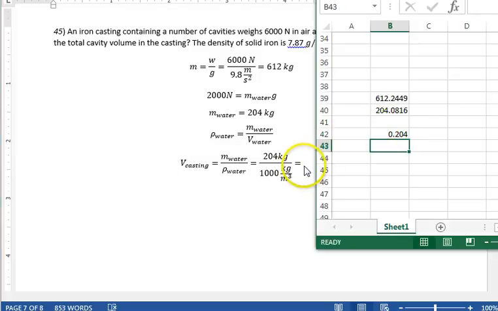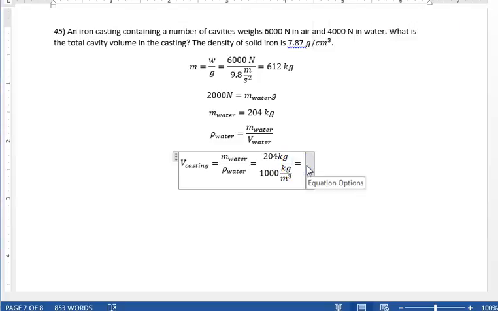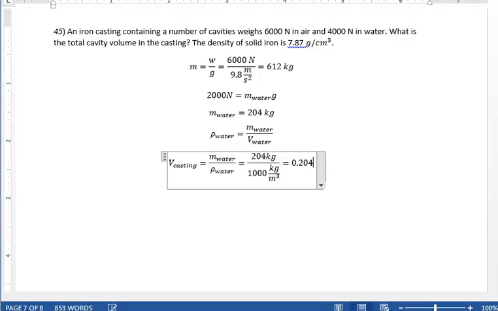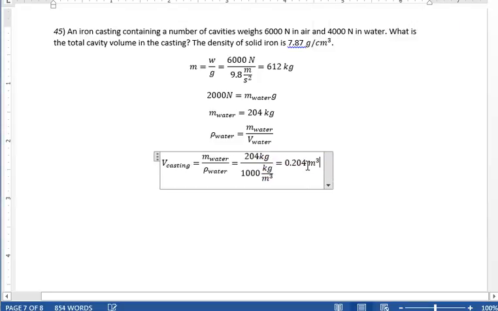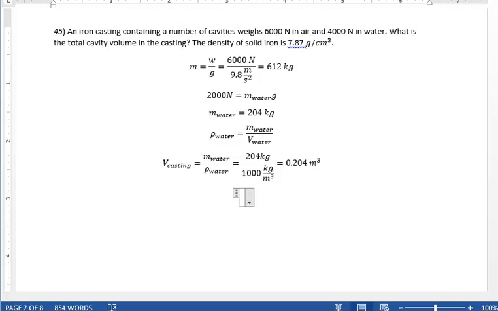So the volume of 0.204 cubic meters is the volume of the casting. Now that we know the volume of the water displaced, and we know the mass of the casting.